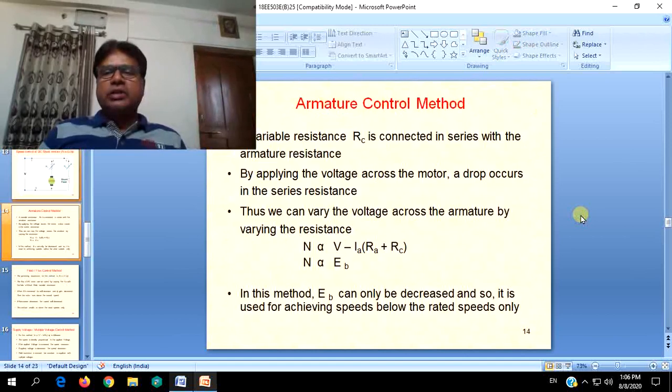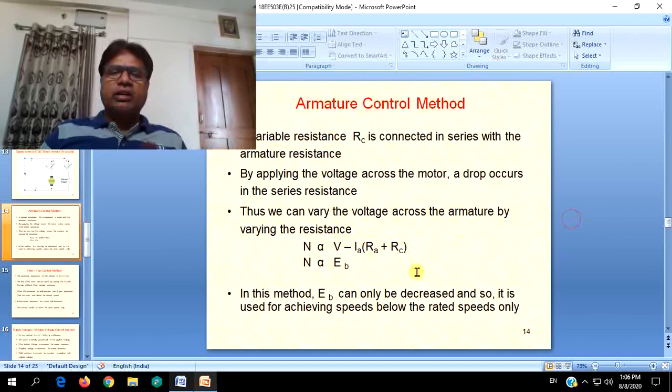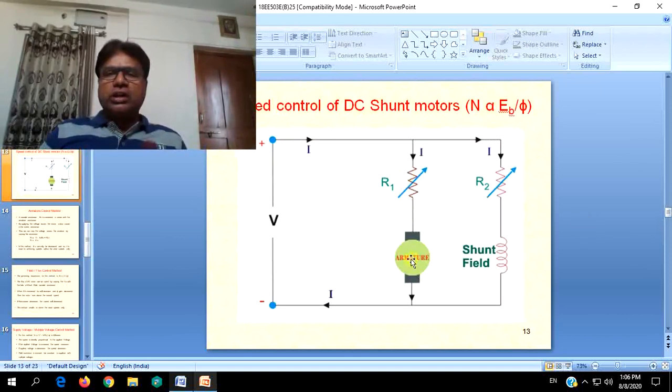In case of armature control, you can achieve speeds below rated RPM, as N is proportional to Eb, or N is proportional to the armature voltage, where the governing equation will be N is proportional to V minus Ia into (Ra plus Rc), that is the total resistance in series.